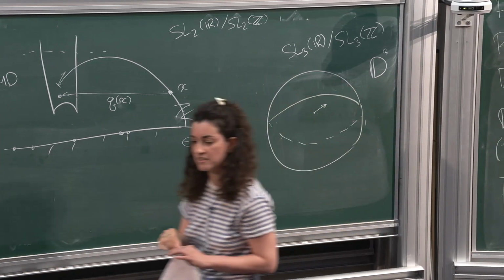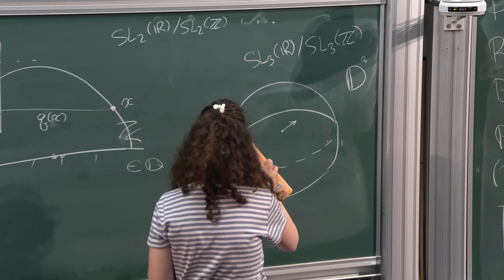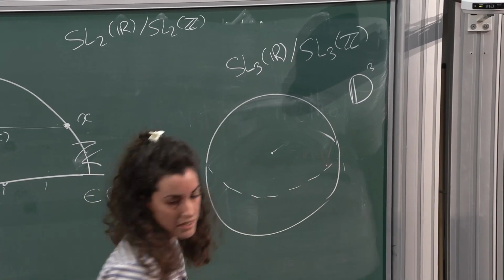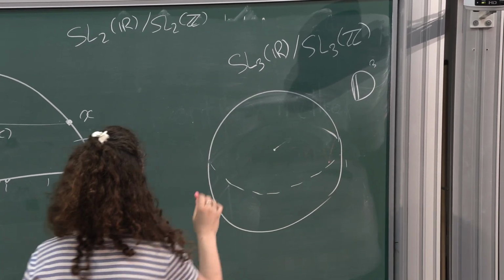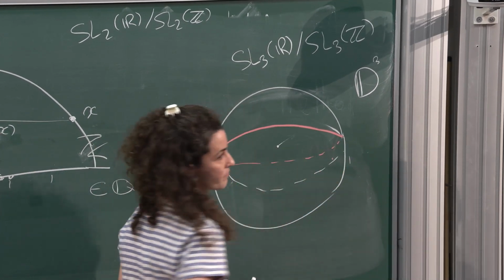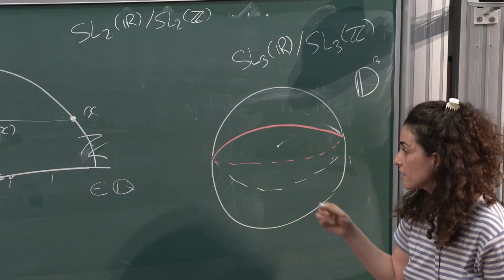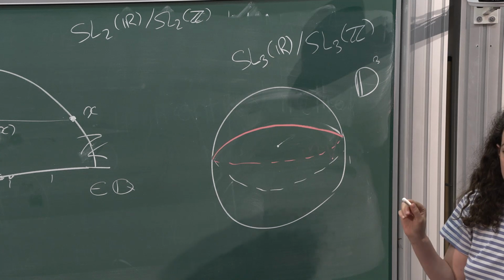Maybe I'll do it in a different color. So what you can see is that the limit of this is going to be some circle on the boundary of this disk. Right?